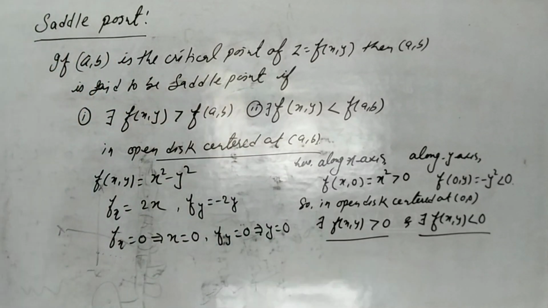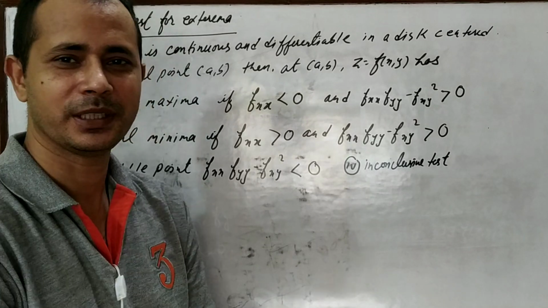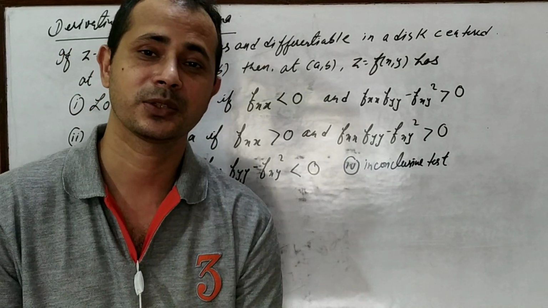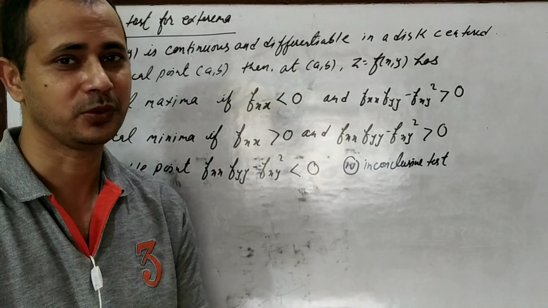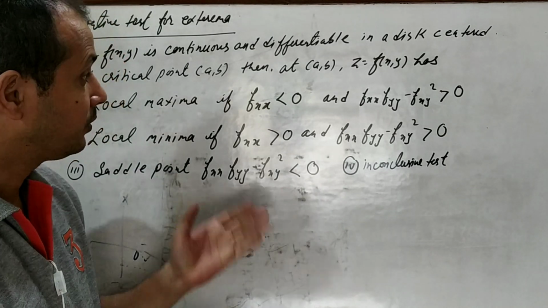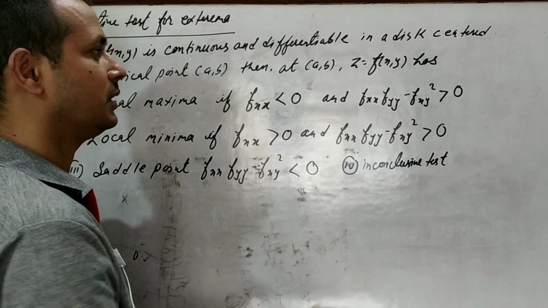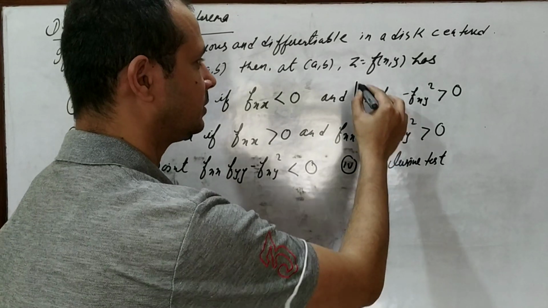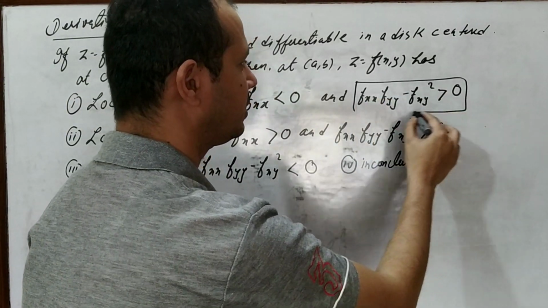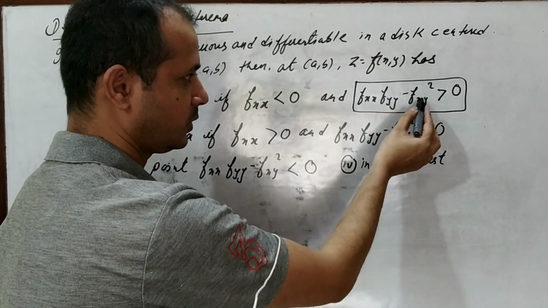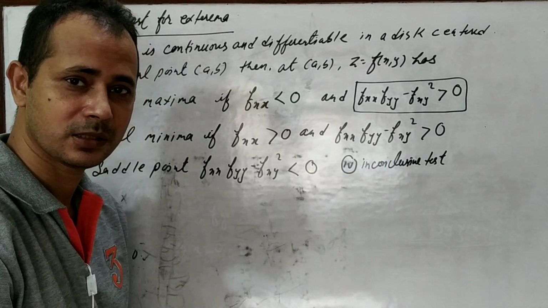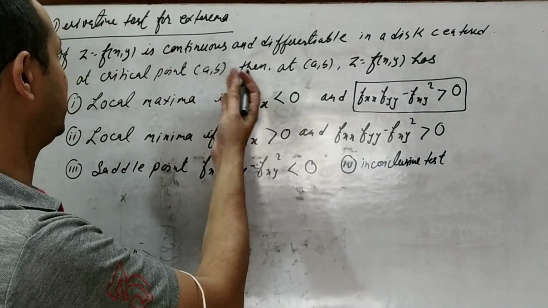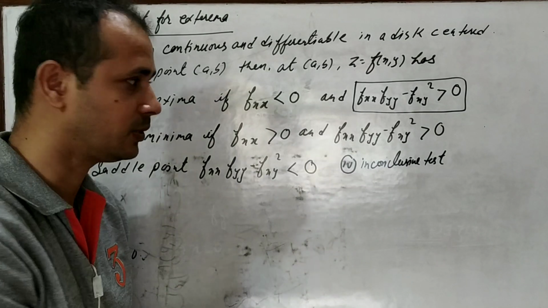Now one more important point, the derivative test of local maxima and minima of a two variable function. For that we need to understand first of all this discriminant. This expression is known as the discriminant of the two variable function z equal to f of x, y.